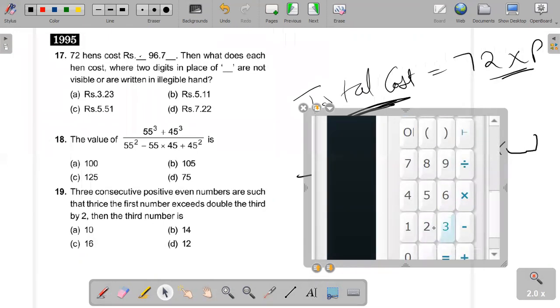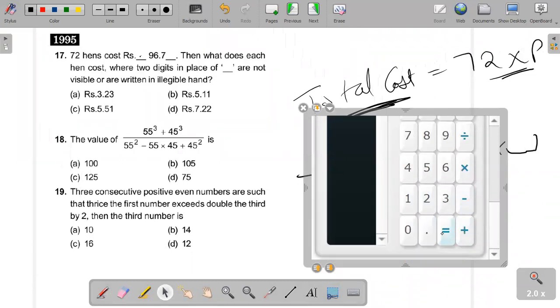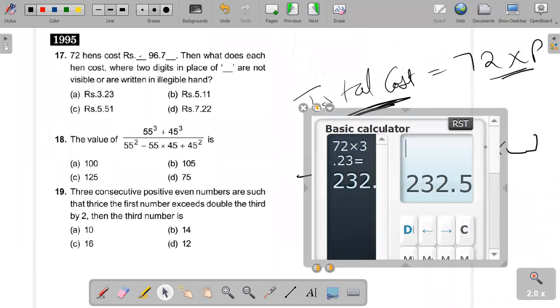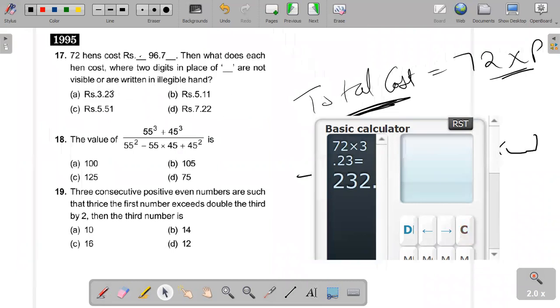So 72 into, if I take the first choice, 3.23, that would be equal to 232.5, but here we need 6, so this can't be the answer. That choice is gone. I'm closing this calculator, guys.